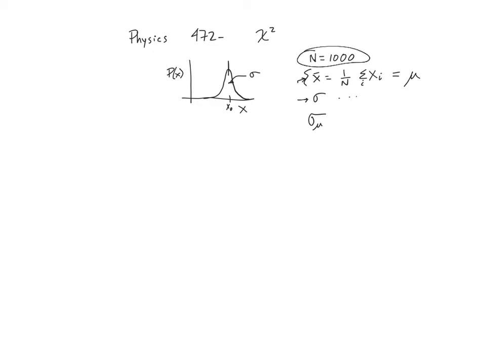Okay, if we took 1 million data points, we'd get a better estimate of the mean. But instead, sigma mu is given by our estimate of the standard deviation, or of the population sigma, and we divide that by the square root of n.